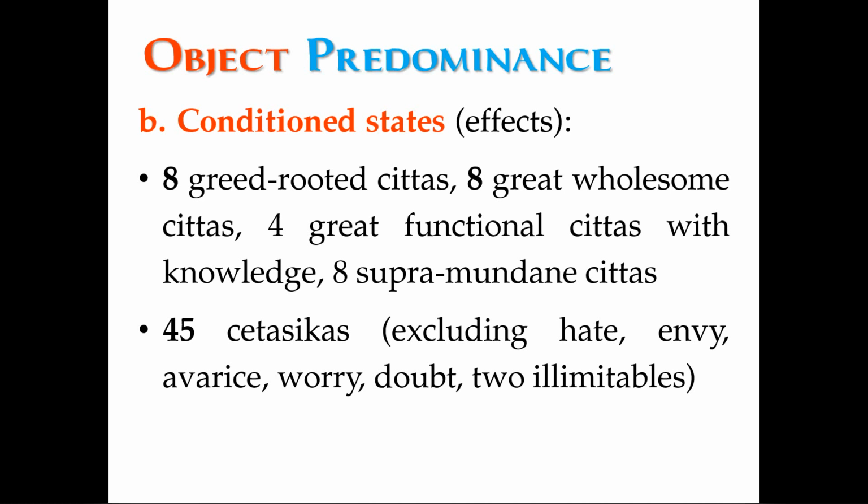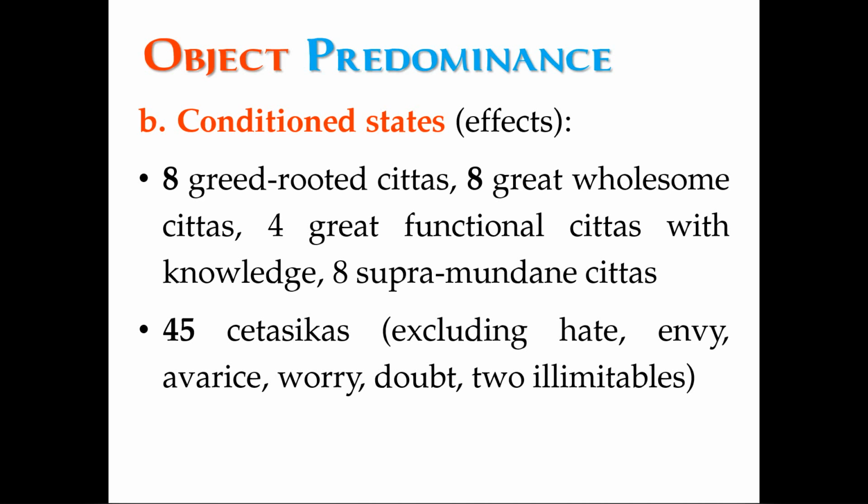As a cause, 80 concrete matters, 84 chetas, 47 cetasikas, and Nibbana. They are the cause, right? Because of that, we have 8 greed-rooted chetas, 8 great wholesome chetas, and four great functional chetas associated with knowledge.